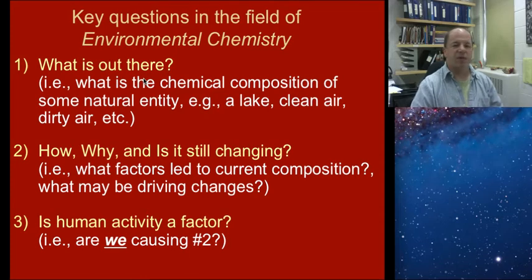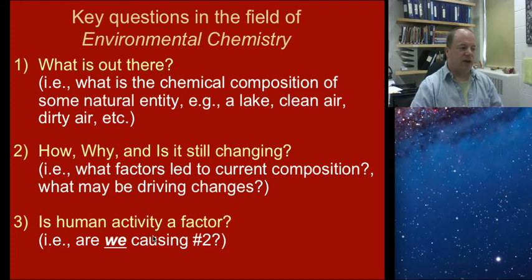What really makes this environmental chemistry and not ecological chemistry or geological chemistry is the role of humans. And in this instance, environmental chemistry is really often focused on question number 3 here, and that is, what is the role of human activity on the chemical composition of one of these systems?